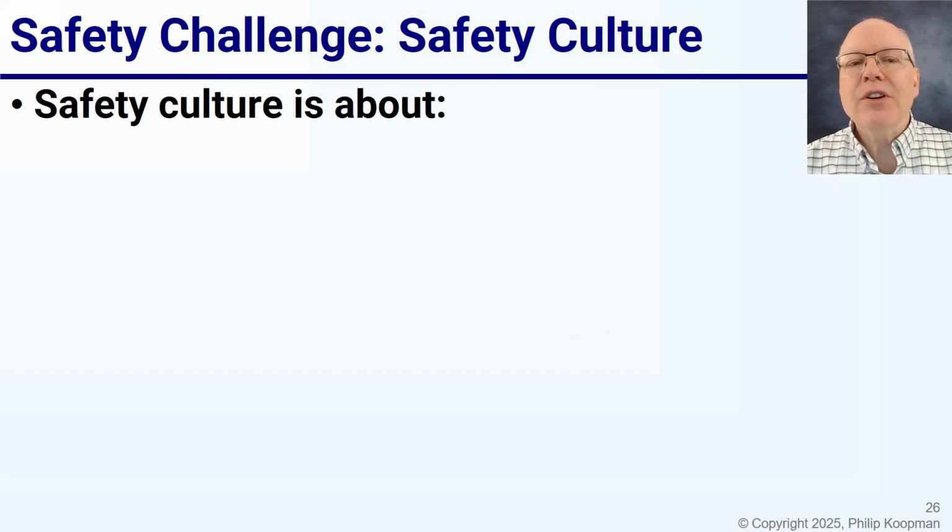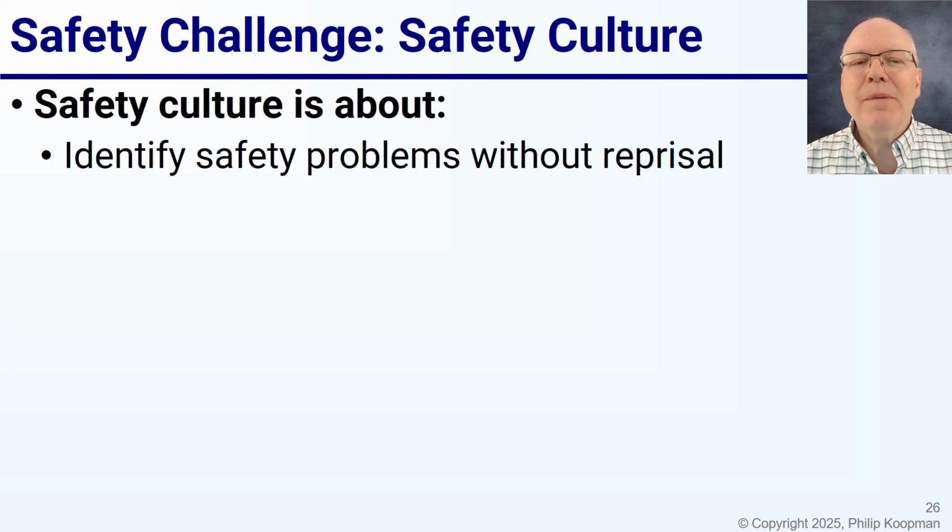So safety culture is this nice word. It sounds good, but what does it really mean? Well, it's about two things. It's about, first, that you can identify and tell people about safety problems without reprisal. So if you have a good safety culture, you can find a safety problem that no one really thought of before, and it could be an unidentified hazard that you just figured out, or it could be a test failure that people just don't want to pay attention to, and you can say, hey guys, this is a problem.